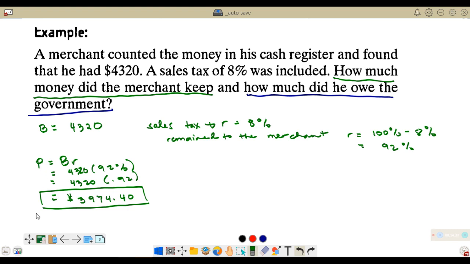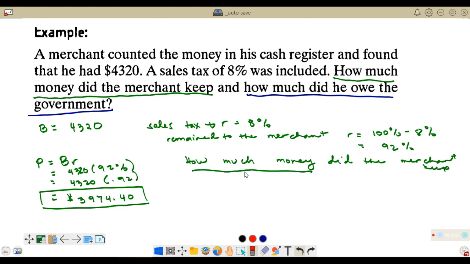Meron bang alternate na formula? Meron. Ano yung isa pa nating alternate na formula? So, pwede kayong mag-construct ulit ng equation using certain variables. Kung ayaw nyo gamitin si PBR, nakalagay ay how much money did the merchant keep. So, itong how much money na to, let us use a certain variable.